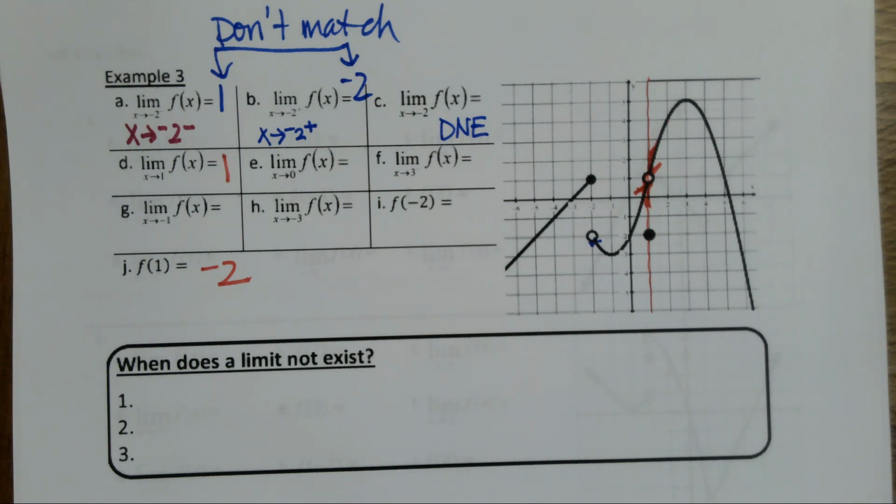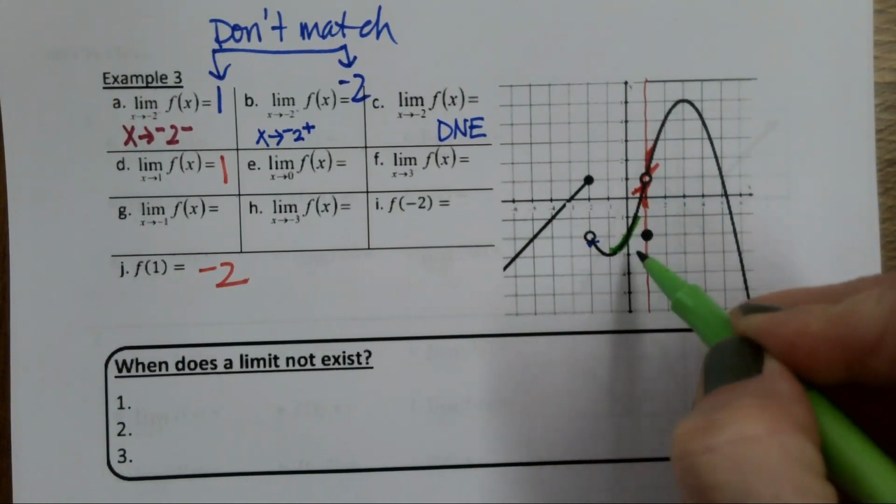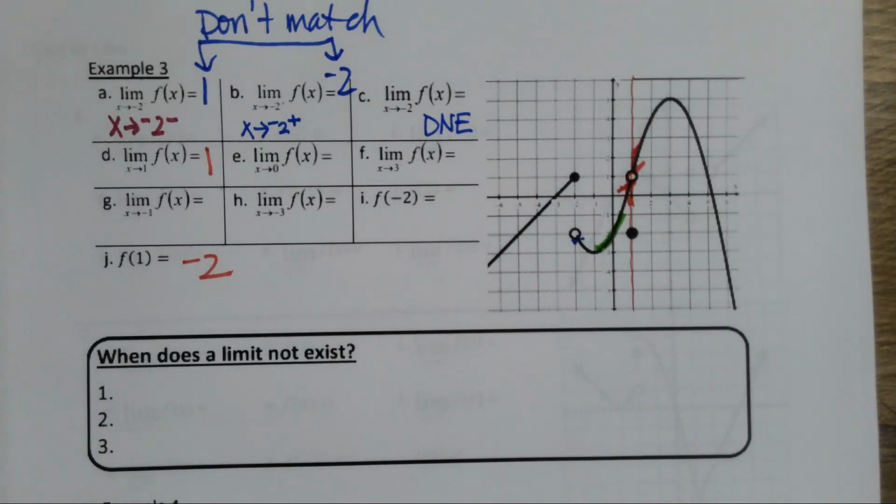in my graph. So if they want me to find a limit as x approaches 0, I just got this nice piece of the graph, right? Right here. It's nice and solid. There's no hole. There's no break. There's no nothing. So that means my value and my limit at 0 are going to be the same.